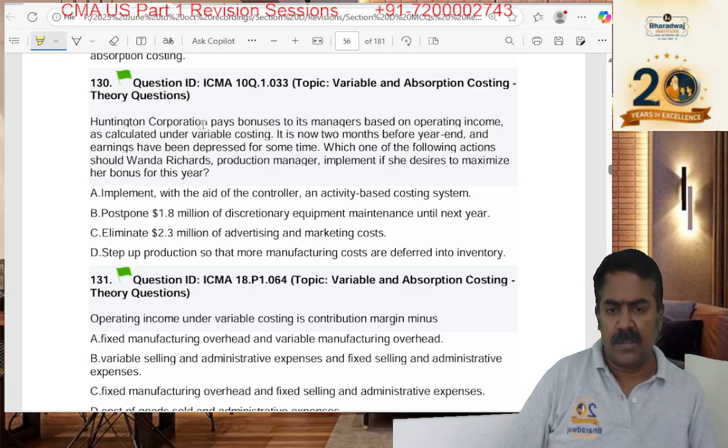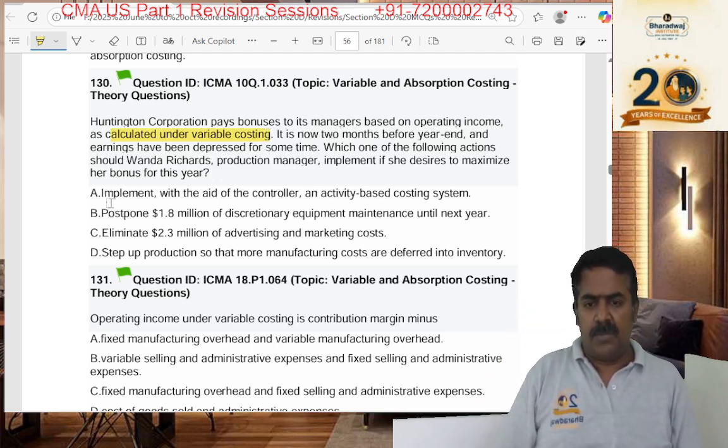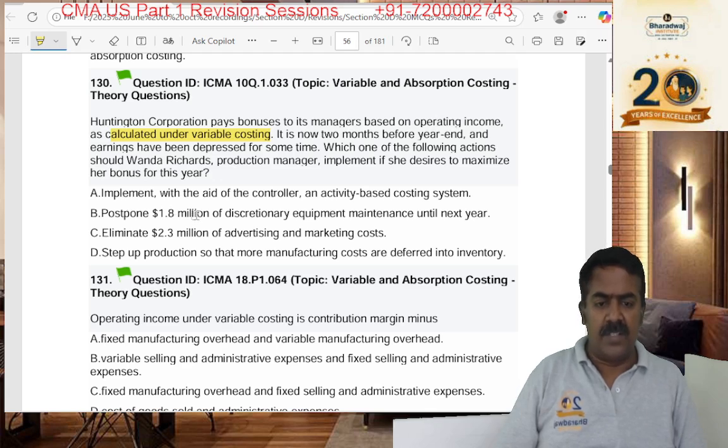We are using variable costing. This will affect only the future. Postpone 1.8 million of discretionary equipment maintenance until next year.